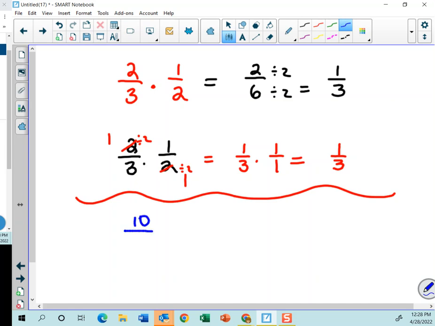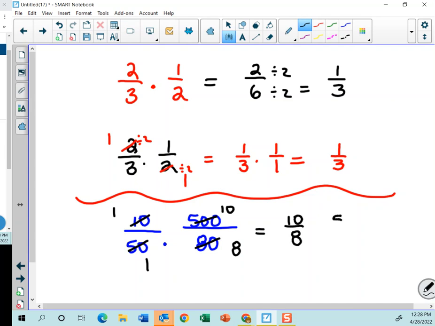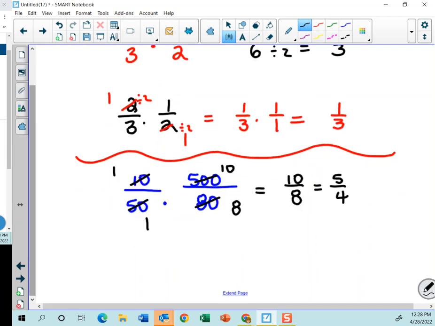But sometimes when the numbers are bigger, like if I had 10 over 50 times 500 over 80, it's kind of nice to be able to say, okay, 10 goes into 10 one time, 10 goes into 80 8 times, 50 goes into 50 one time, 50 goes into 500 10 times, and then I can multiply and then reduce, versus doing the multiplication, maybe making a mistake in the multiplication, and then reducing.